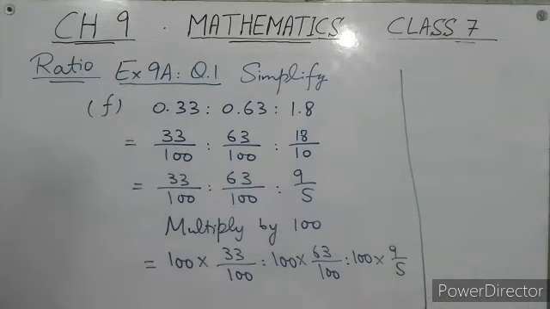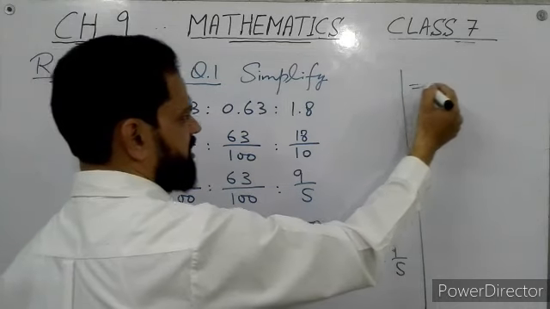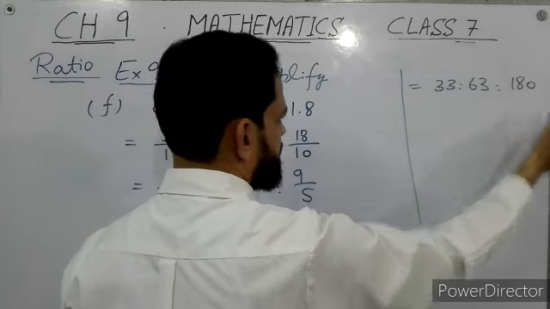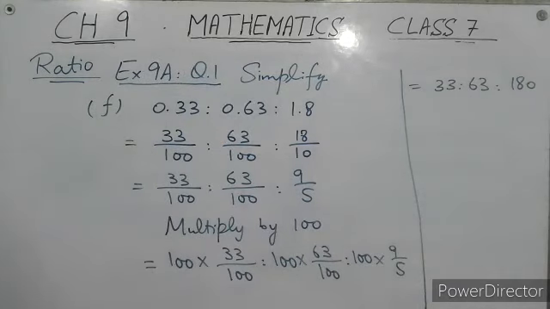The ratio becomes 33 is to 63 is to 180 by using calculator. Now 33, 63 and 180 are integers. The only condition which is left is whether 33, 63, 180 have any factor other than 1.